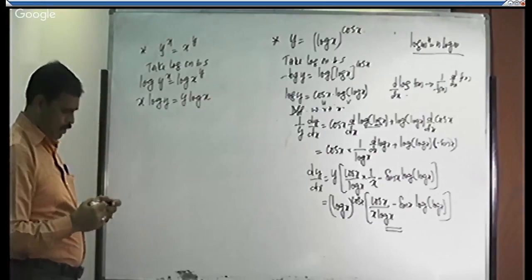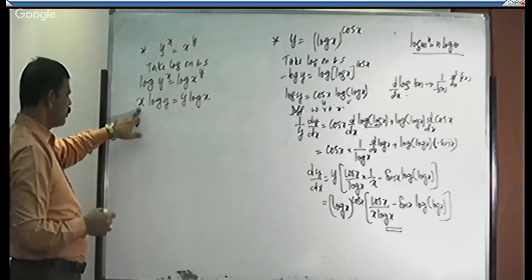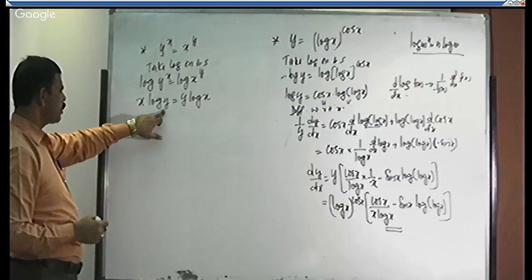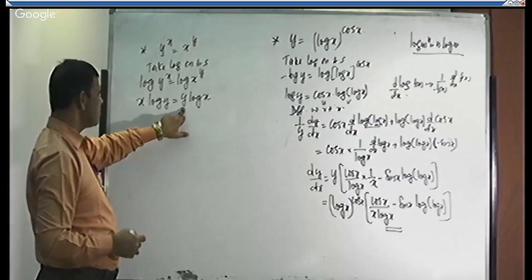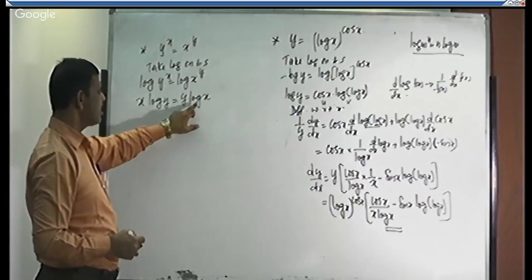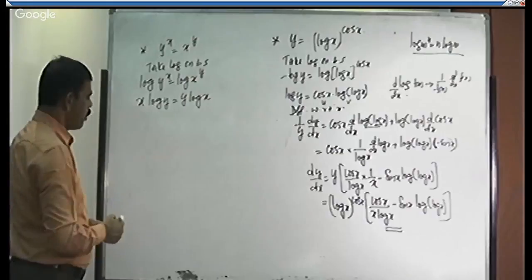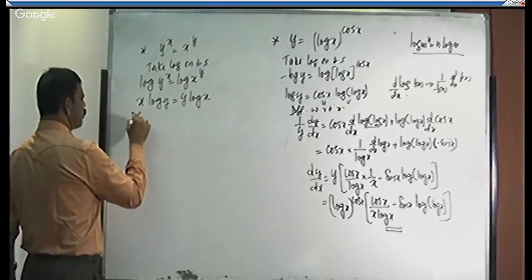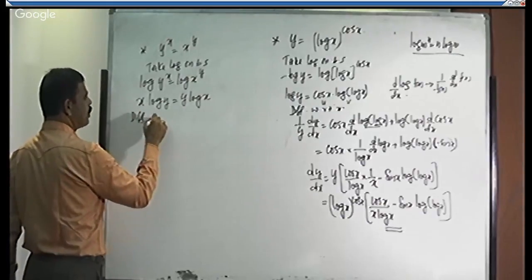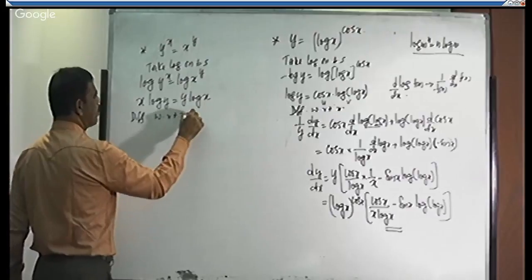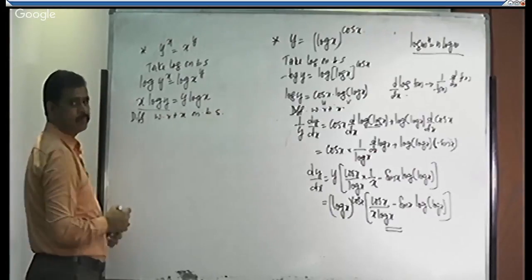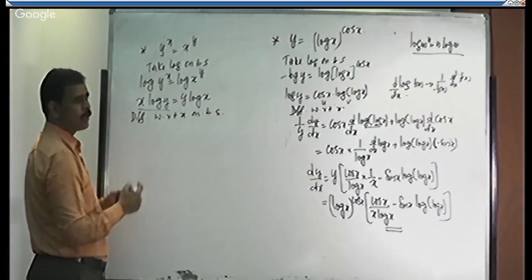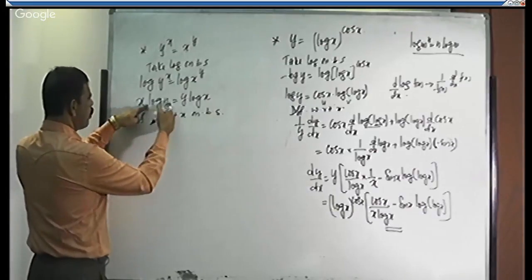Now we can go for differentiation. See the left side, it is the product of x and log y. See the right side, it is y into log x, a product of two terms. On differentiating, we have to use the product rule. Differentiate with respect to x on both sides. How to differentiate x log y? It is a product, correct? x into log y.